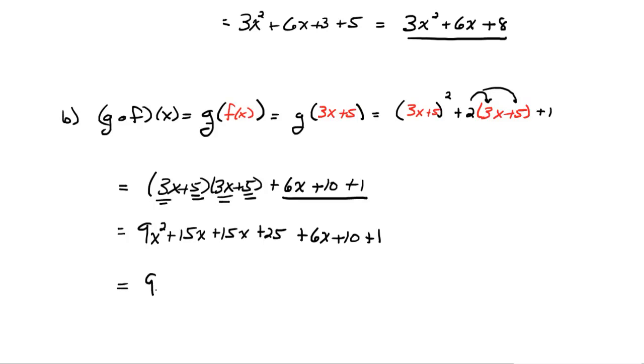I have my 9x squared. 15x plus 15x gives me 30x, plus 6x gives me 36x. And lastly, 25 plus 10 makes 35, plus 1 gives me 36. Now I've combined all my similar terms, and I have a value of 36 at the end. So this is how we apply the definition of the composition of two or more functions.